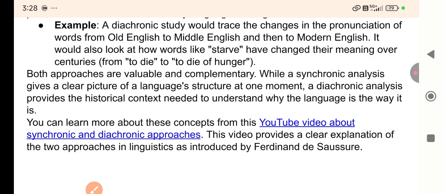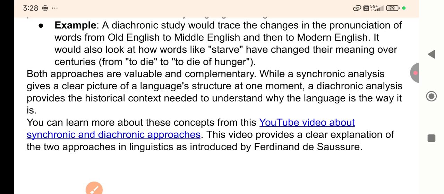You should know the difference between synchronic and diachronic. Synchronic is the study of language at a particular time, and diachronic is the study of the history of language. Both examples given here are very good.